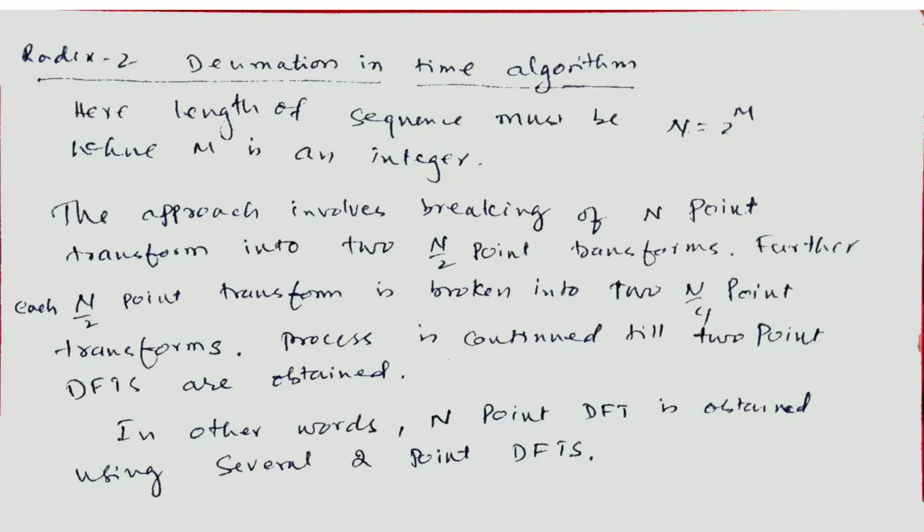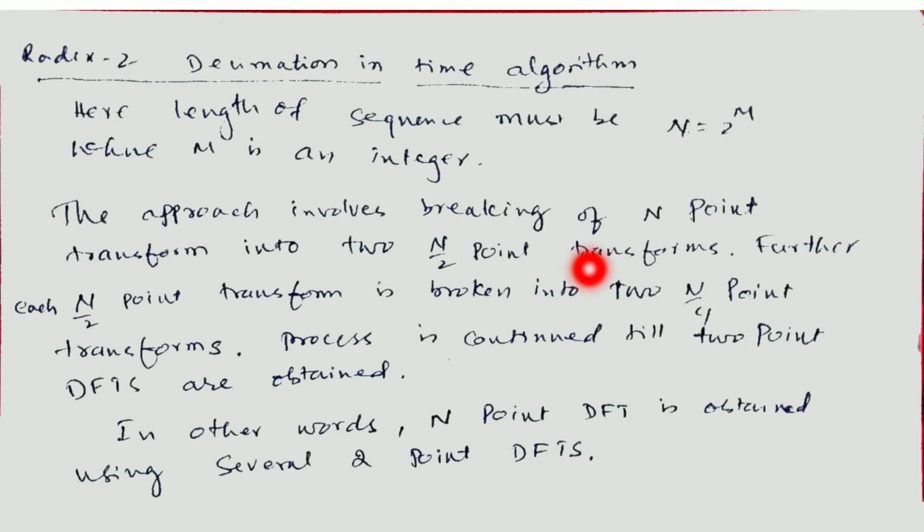That means when M is equal to 0, we get N equal to 1. When M is equal to 1, we get N equal to 2. When M is equal to 2, we get N equal to 4. That means the length of the sequence x(n) must be 2, 4, 8, 16, 32, and so on.